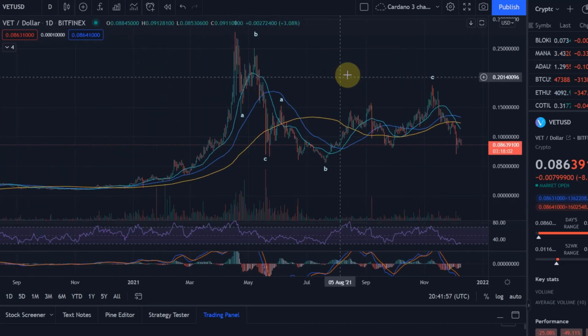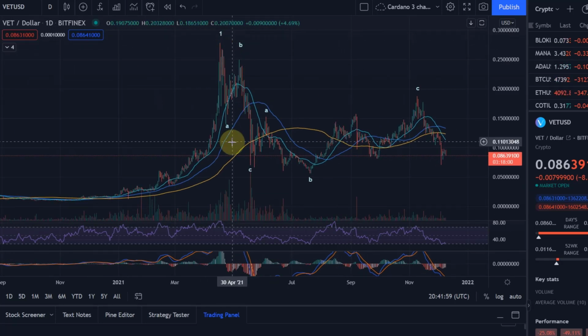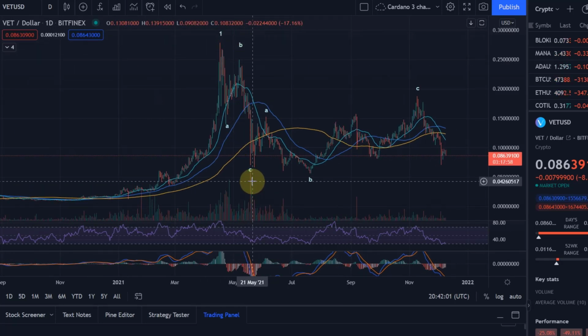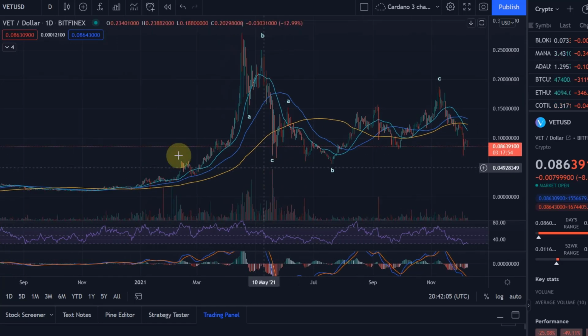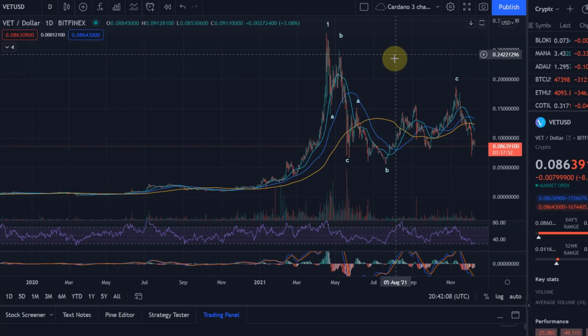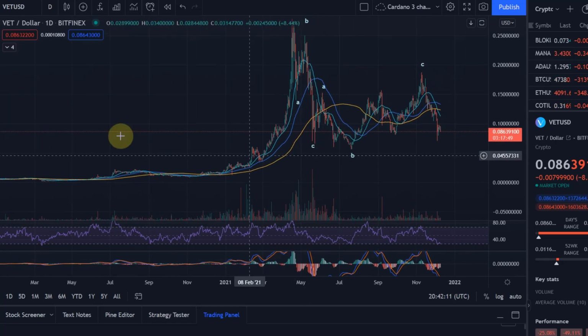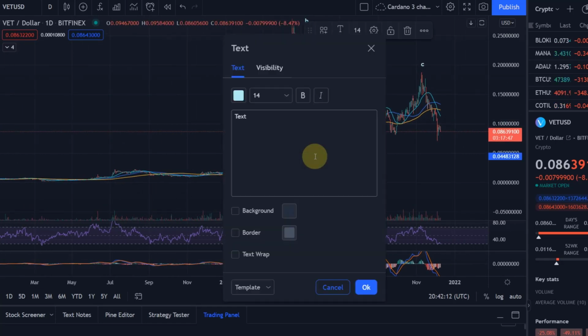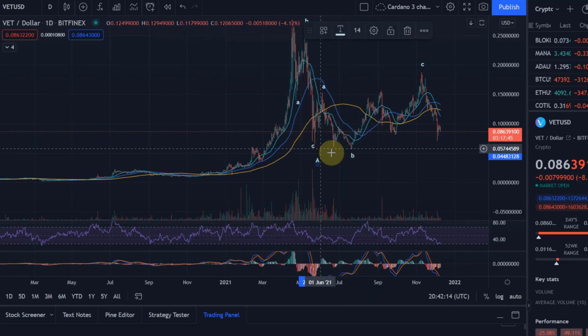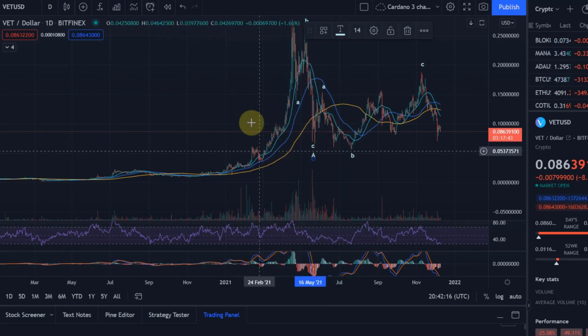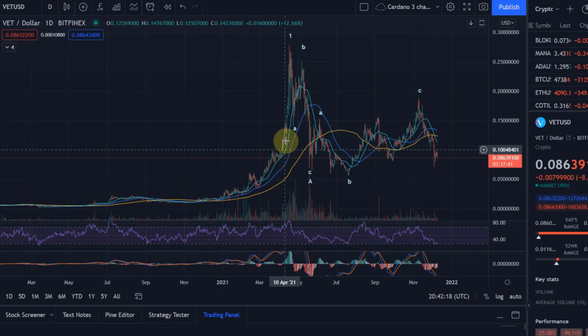If we have this ABC to the downside, this would have formed part of a larger wave A. After coming up here in a wave 1, we come down in a larger wave A, because after an impulsive move to the upside, to the wave 1, you would have had a 1, 2, 3, 4, 5 creating a larger wave 1.